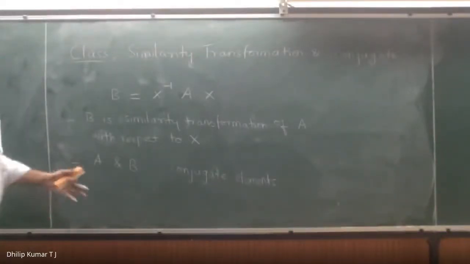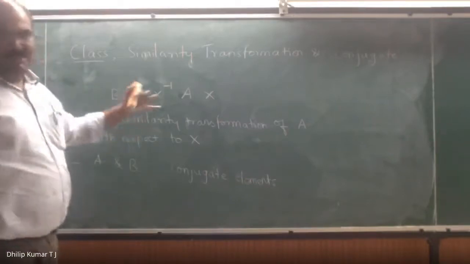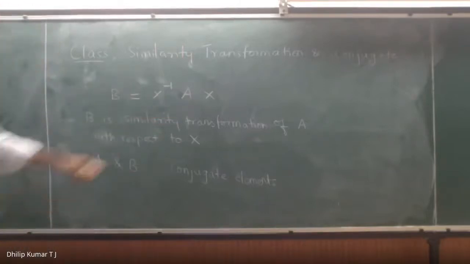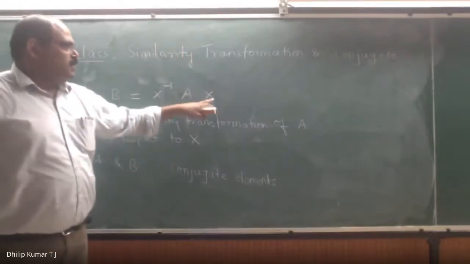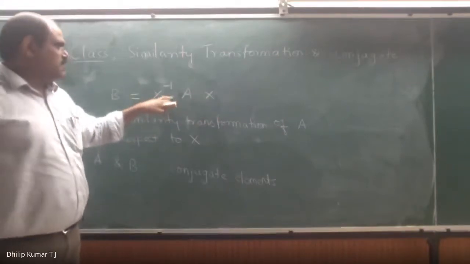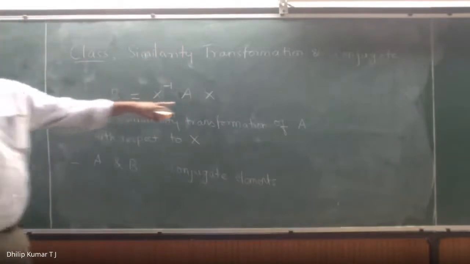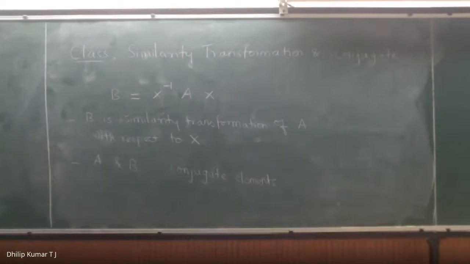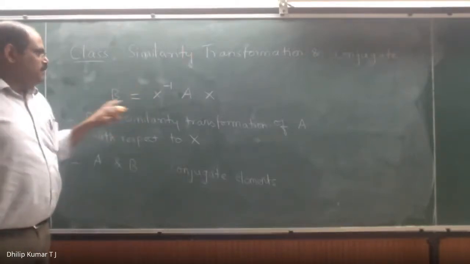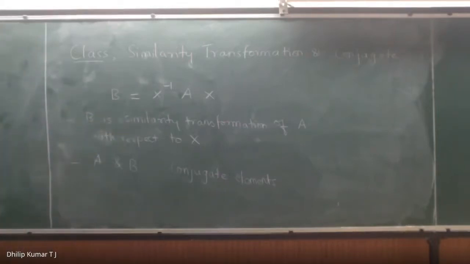In a group, all these things should be valid. If you have three elements in a group, and you multiply A by X on the right and by X inverse on the left, it results in another element B. Then A and B are said to be conjugate. And if you perform this, we get B, right? So B is called a similarity transformation of A with respect to X.